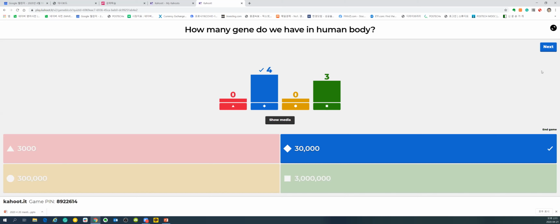Next problem, you need to remember this number and need a little calculation. Post-second students, you are good at calculation, right? Let's see.